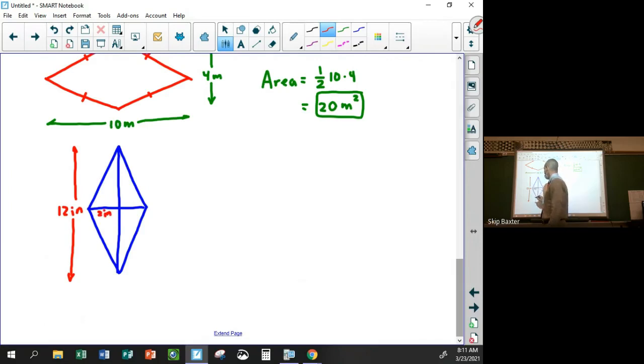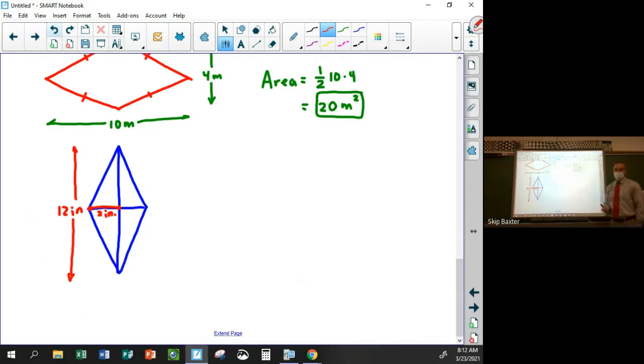Right there. Not very much there. So it's hard to tell what I mean by that. I'm talking about this little piece right here, 2 inches.